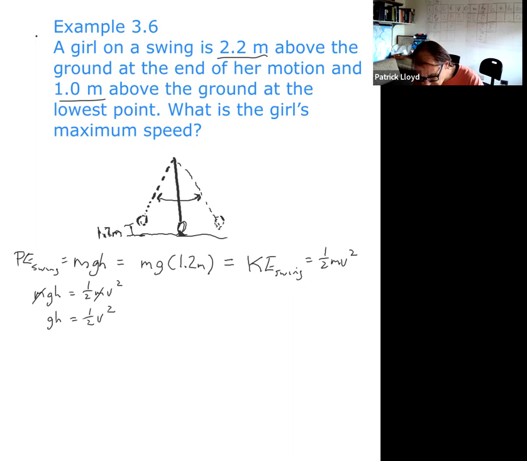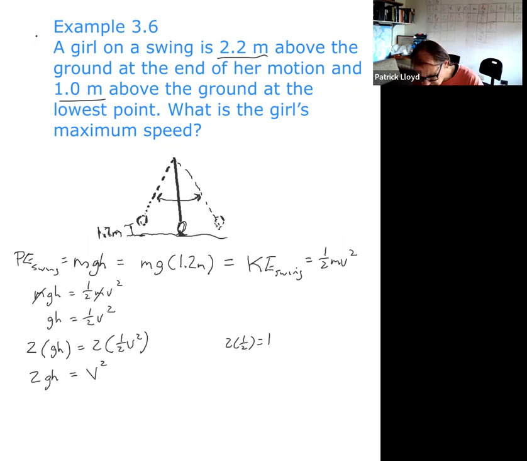So what I'm going to do first is multiply by 2 on both sides. 2 times 1/2 is 1. Okay, so now you have 2gh equals 1 times v squared.